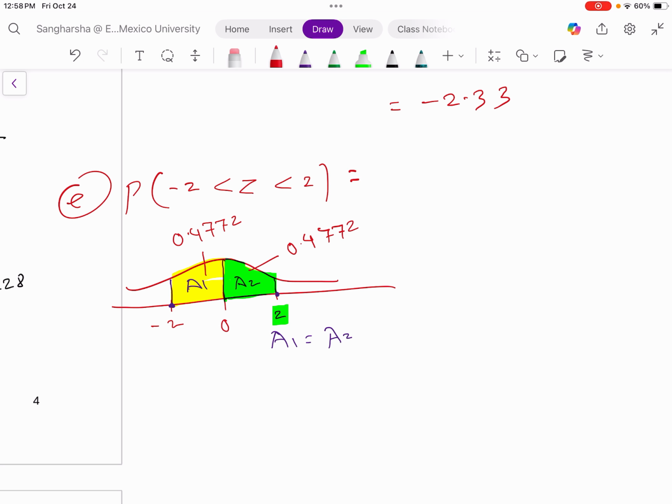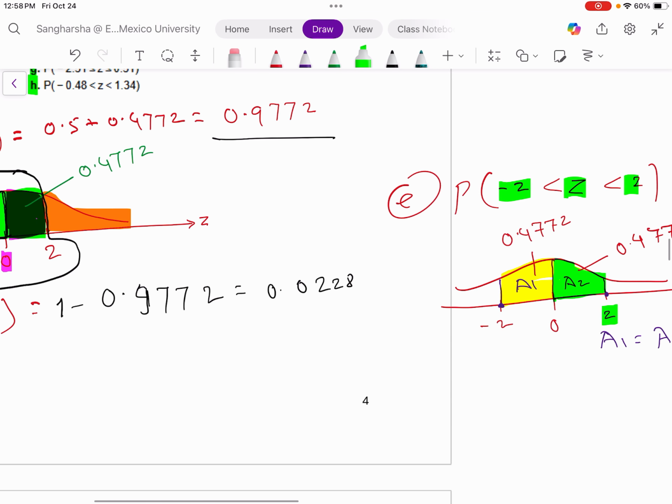So the area for both regions is A1 plus A2, which is 0.4772 plus 0.4772, which is 0.9544. So this is the probability that our G is in between -2 and +2.